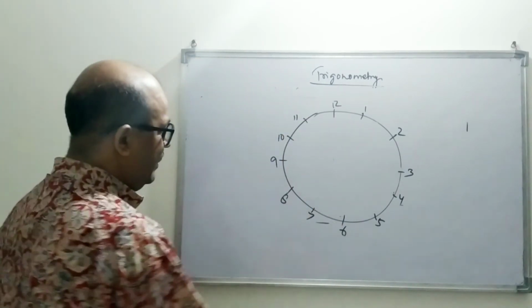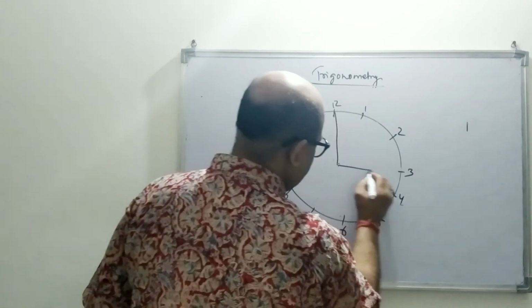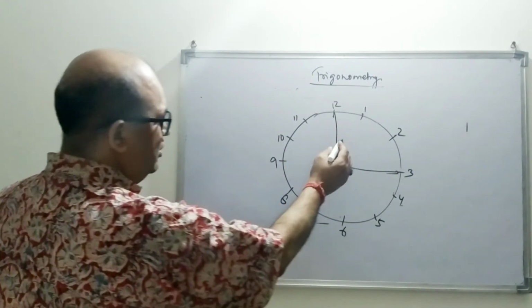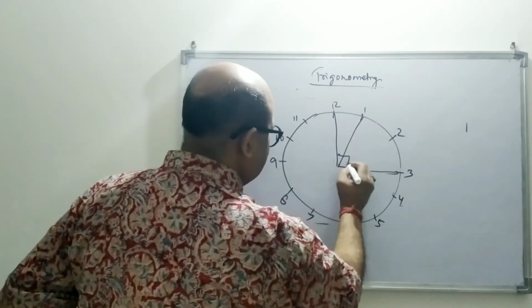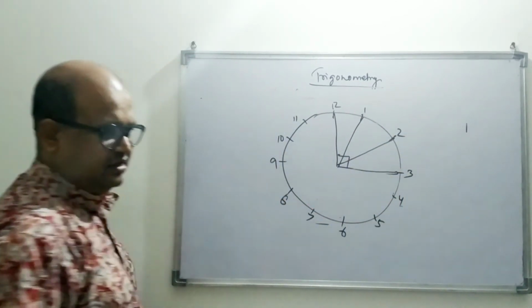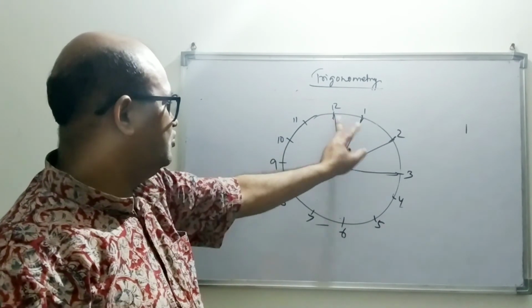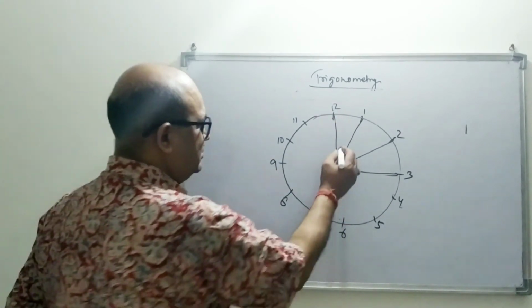Suppose this is 90 degree. The degree measure between 12 and 1 is how much? 30 degree.